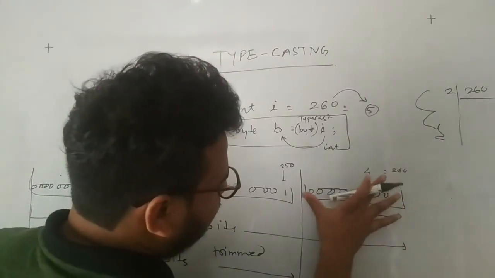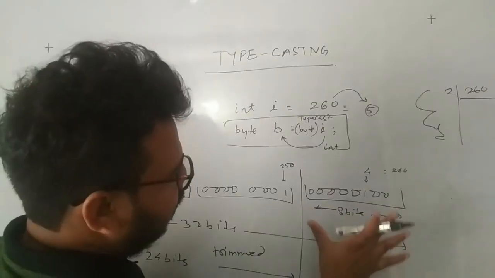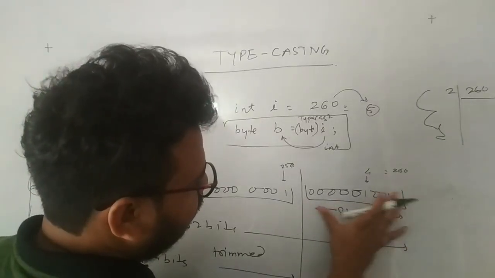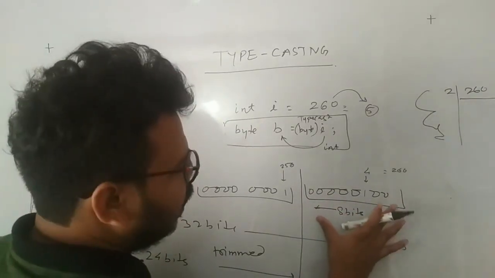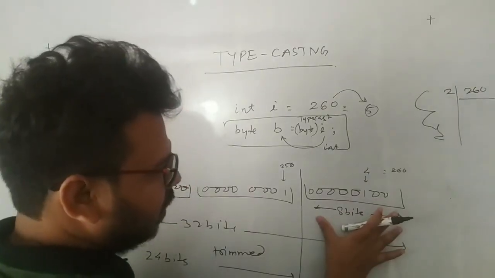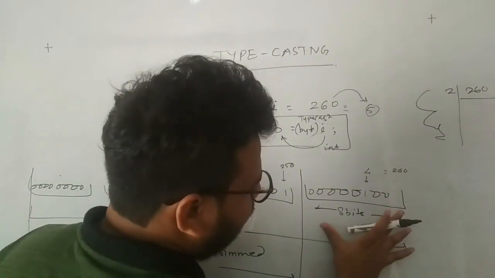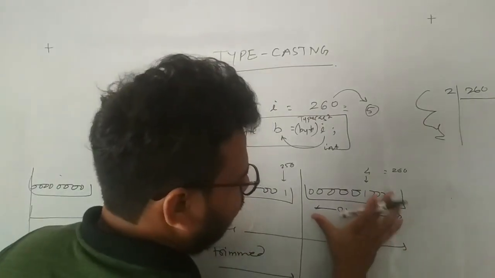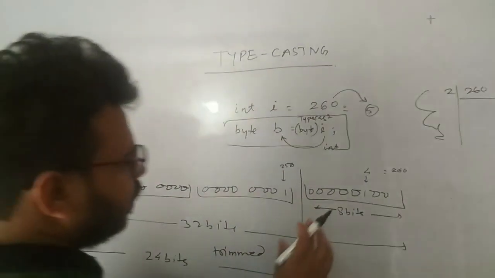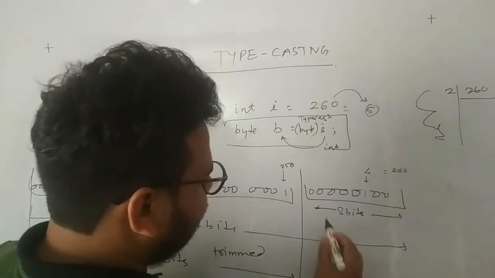It will keep the least significant bits, the remaining 8 bits which are least significant, not the most significant. So Java retains this value.